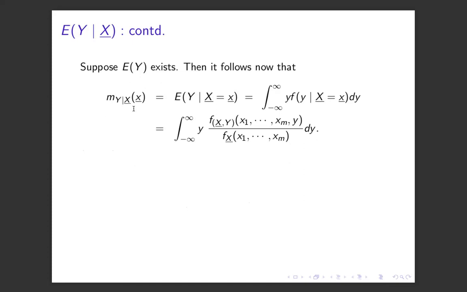Then, following similar notation, where x is a vector in R^m, the conditional expectation of y given x bar equal to little x bar is precisely this expression: integration over R of y times the conditional probability density of y given x, and that precisely is this, whenever the marginal density is positive. Otherwise, this itself is taken to be 0.